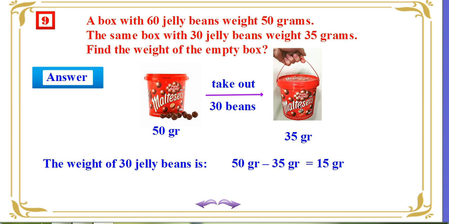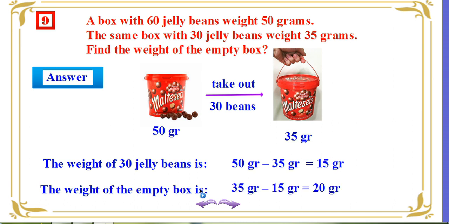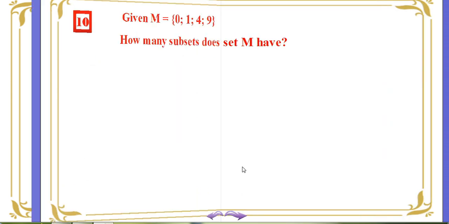The total weight of the box and 30 jelly beans is 35 grams, and 30 jelly beans weigh 15 grams. So the weight of the empty box is the difference of 35 grams and 15 grams. We get the result 20 grams. We continue with exercise number 10, the last exercise.